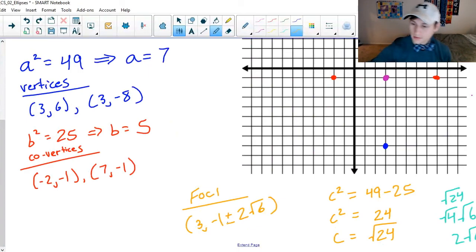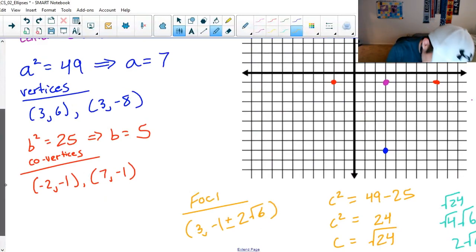Where'd my calculator go? Now to actually graph these points, 2 root 6, I don't particularly know what that is specifically. So I will go ahead and use my calculator here so I can get a decimal form so I can graph it. So -1 plus 2 root 6 is about 3.9, okay?